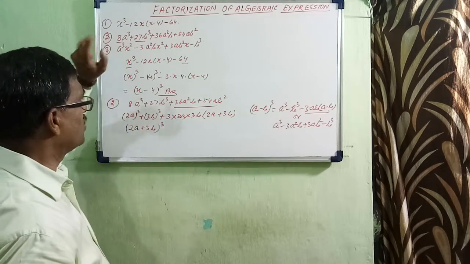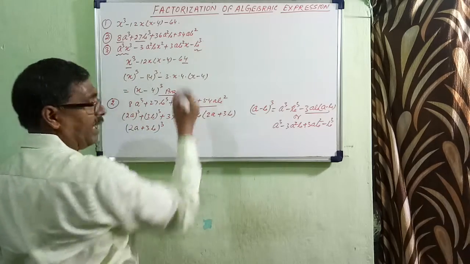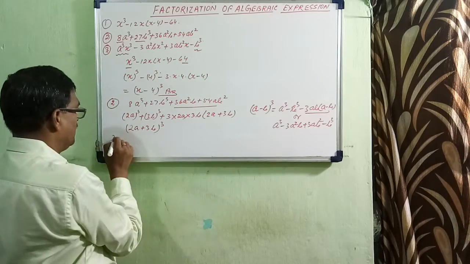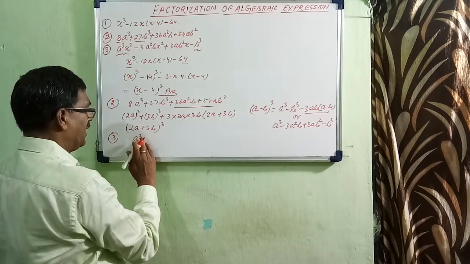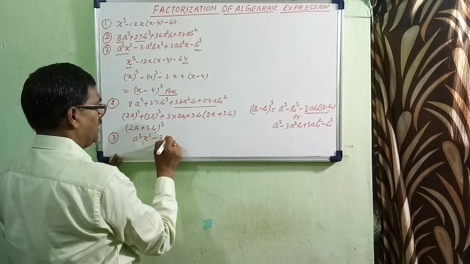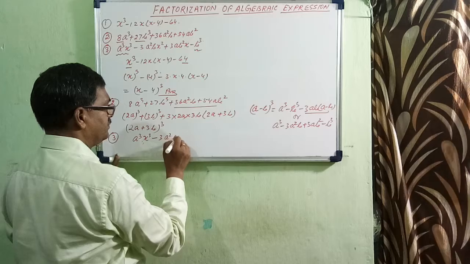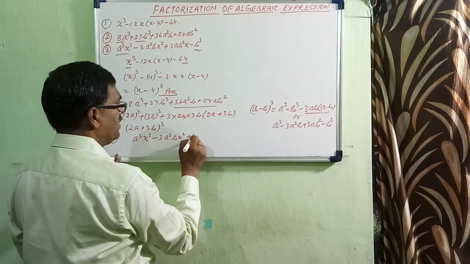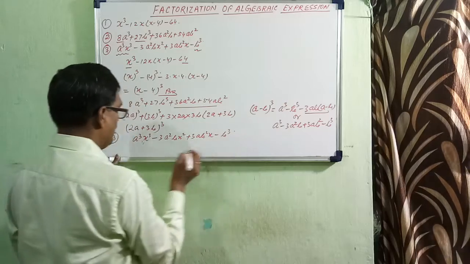Now let us say this one also is the same. I have to recognize a and b. I have got it. So a cube x cube minus 3a square b x square plus 3ab square x minus b cube.